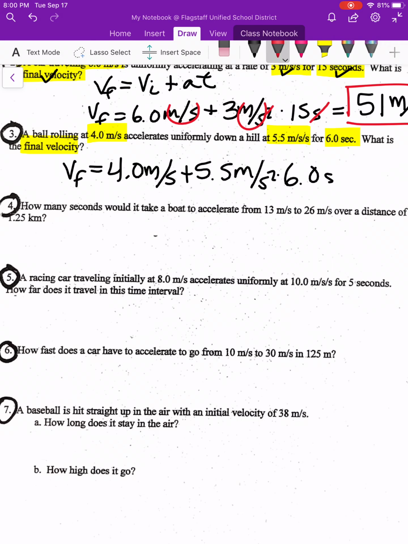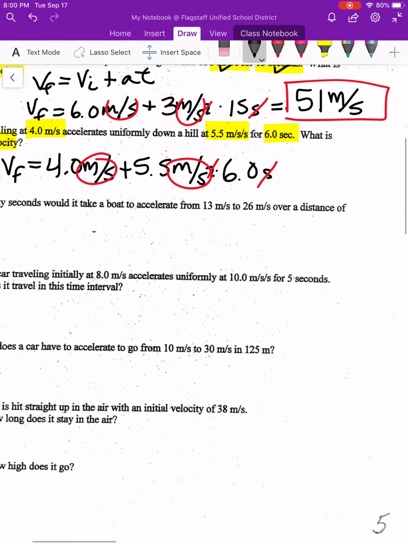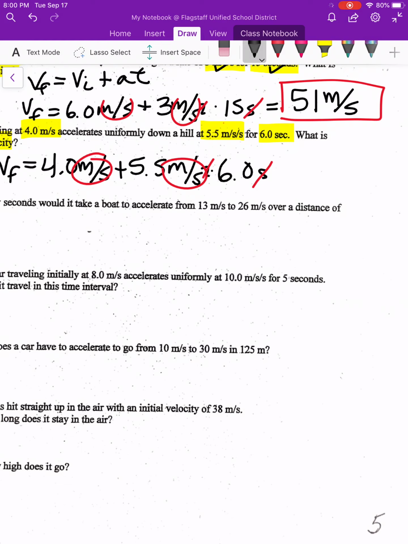Again, to show you, seconds cancel out, left with meters per second and meters per second. So 5.5 times 6 is 33. Hopefully that's right, I'm just doing that in my head. 33 plus 4 gives me about 37 meters per second.